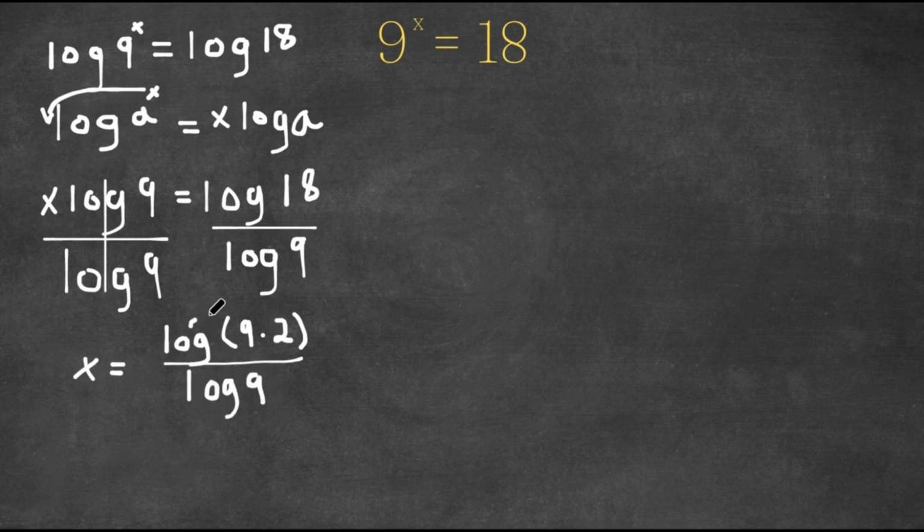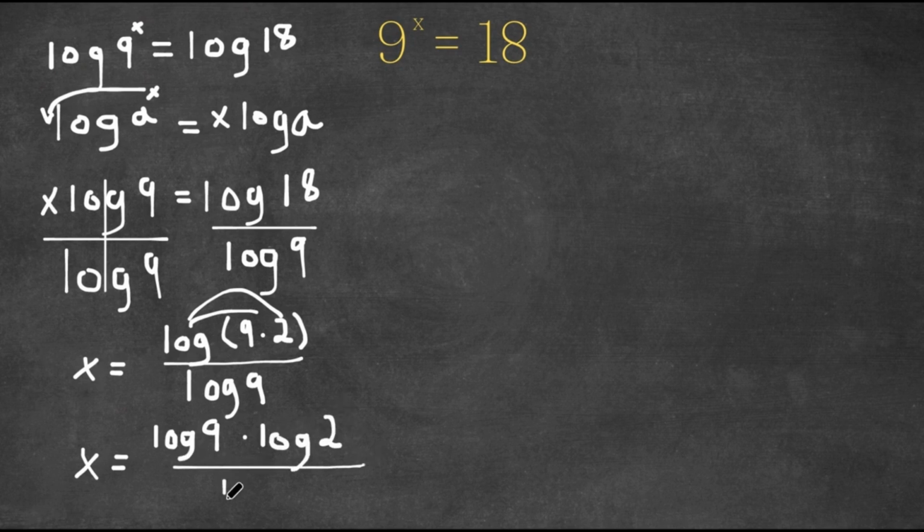Now if I distribute the log to both of these terms in parentheses, I get x is equal to log 9 times log 2, and we are still dividing this by log 9. Sorry, this is actually a plus.